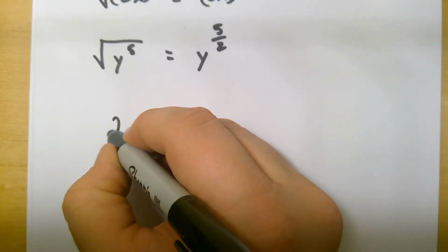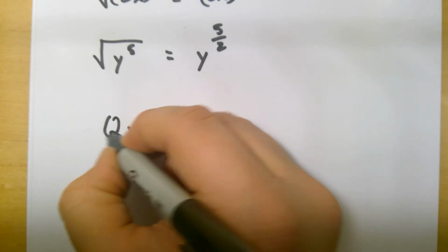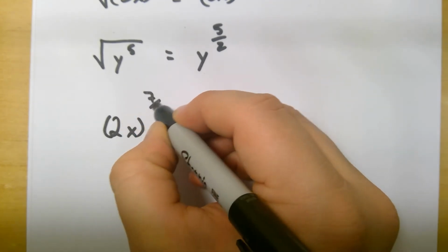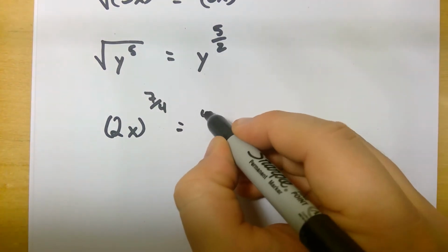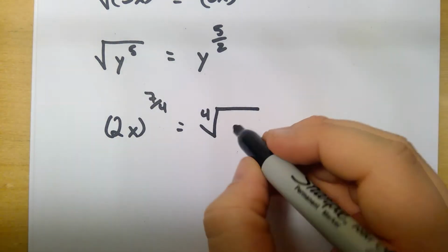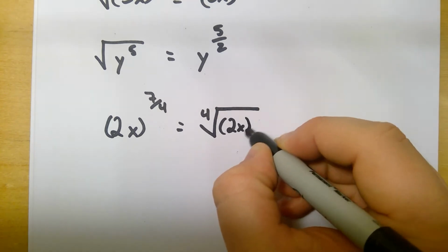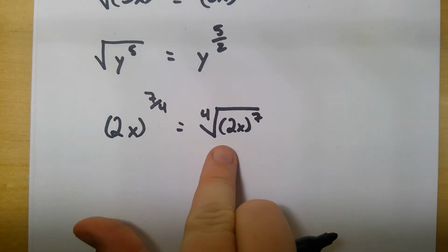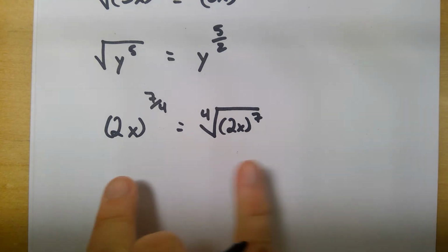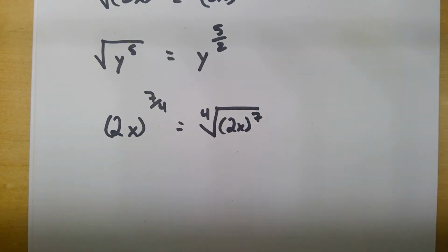So let's pick (2x) to the 7 over 4. So then that denominator is our index, the 4th root of (2x) to the 7th. Notice how since the base is in parentheses here, the base is still in parentheses here.